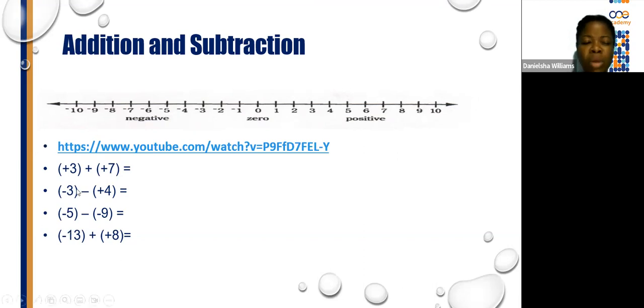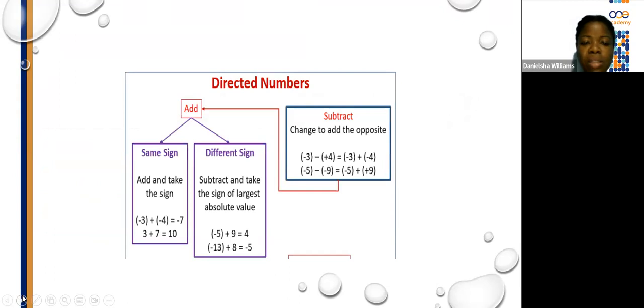We were able to go through the first two items yesterday, and we will continue with the remaining items as well as the remaining slides, looking at some shorter ways, or somewhat of some rules, that we can use to help in carrying out our addition and subtraction in an easier way.